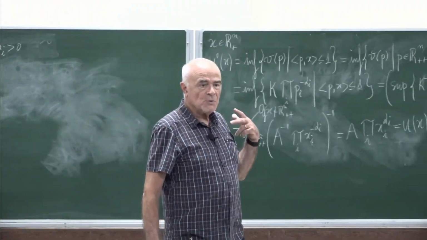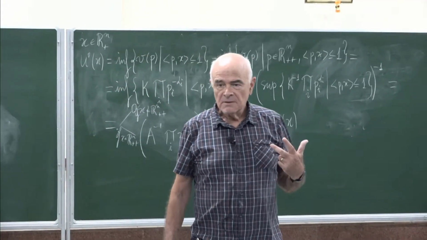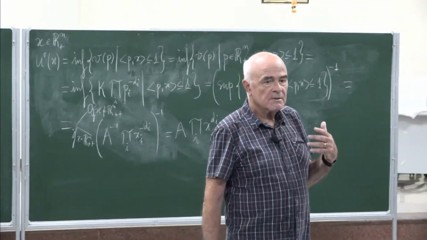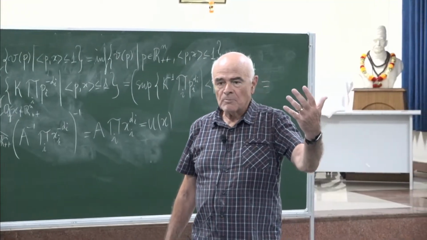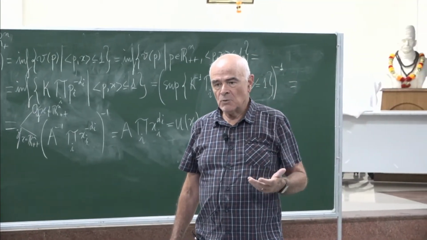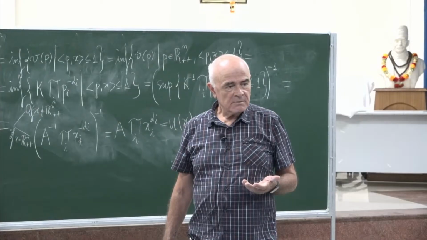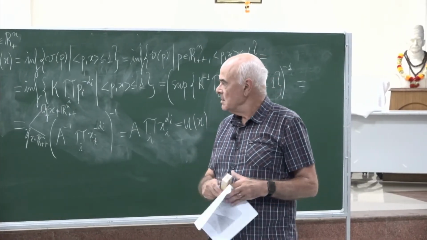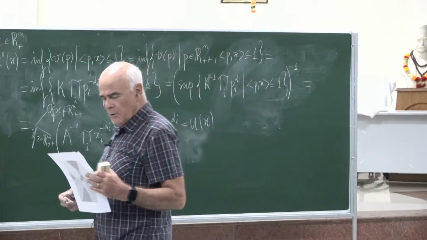And this gives you the utility. I mean, it represents your preferences, because your preference is the more food you can produce, the better off you are. Okay? So this represents your preferences. So it makes sense also in consumer theory.